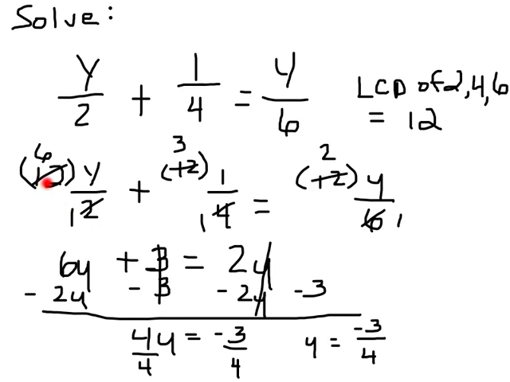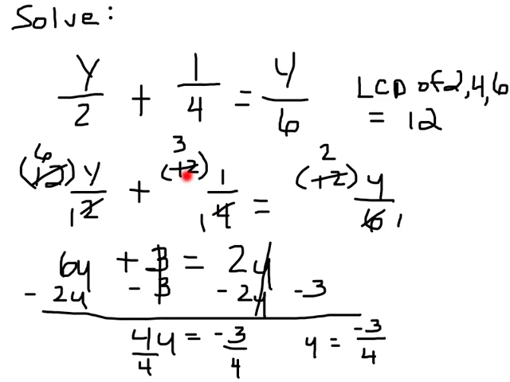Alright, so in this one, I'm going to put the 12 in parentheses in front of each term, like I have here. Alright, and then I'm going to go ahead and cross cancel out. This 2 will go into this 12 6 times, and then 6 times y is 6y.